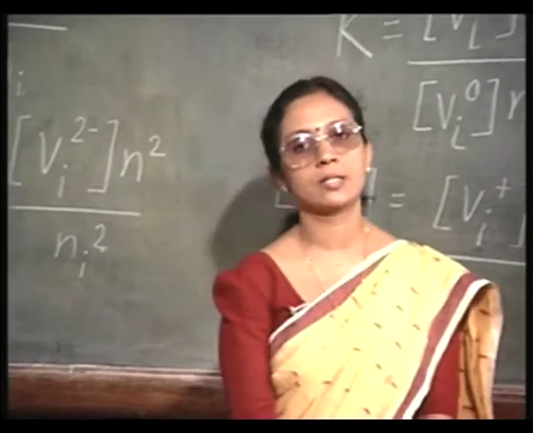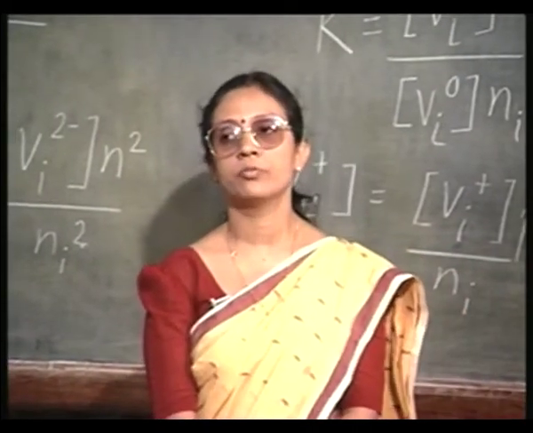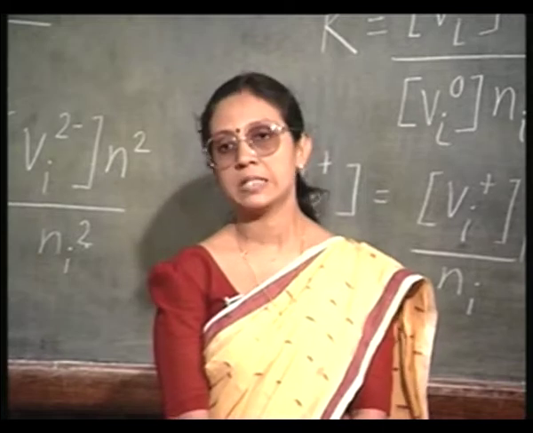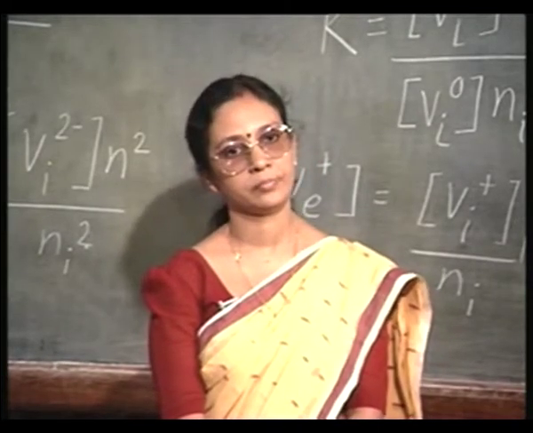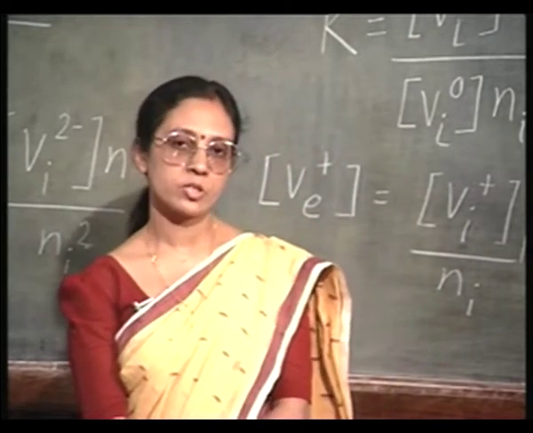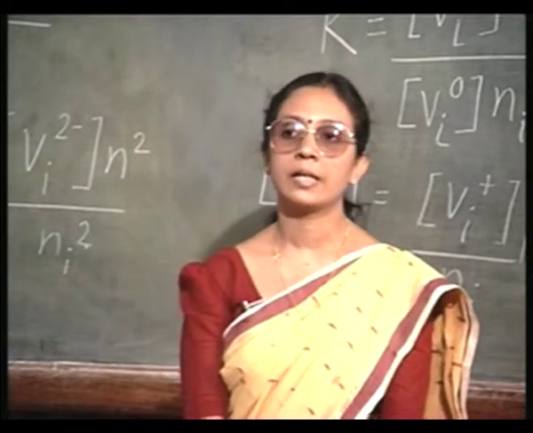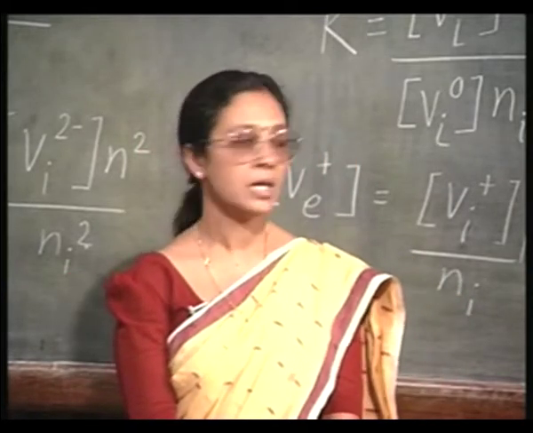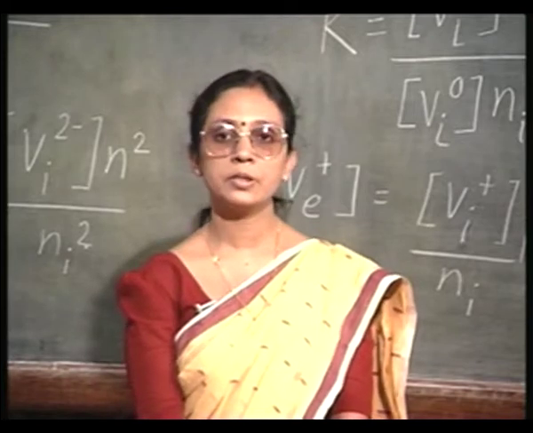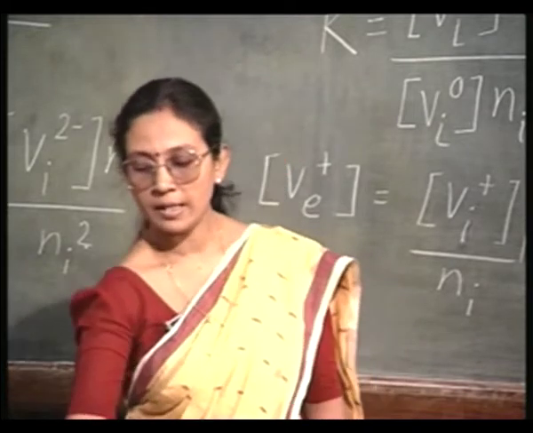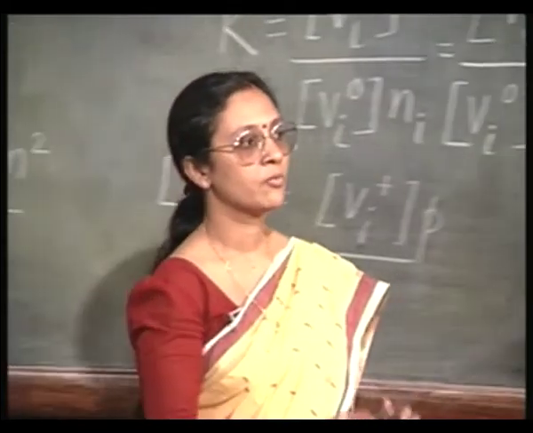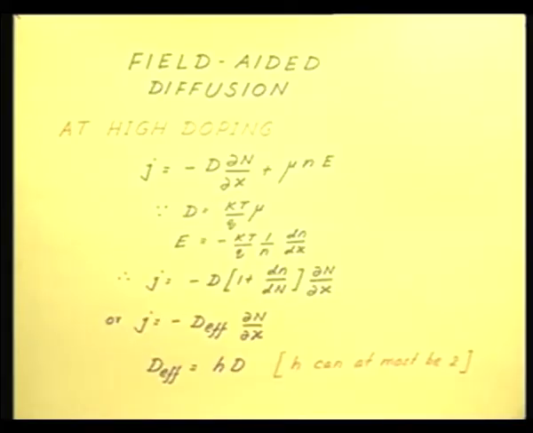Let us now discuss the situation of phosphorus in silicon. But phosphorus in silicon cannot be given by such a simple doping profile. Let us first look at the phosphorus profile in silicon.